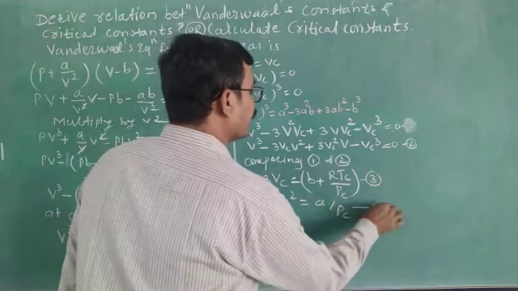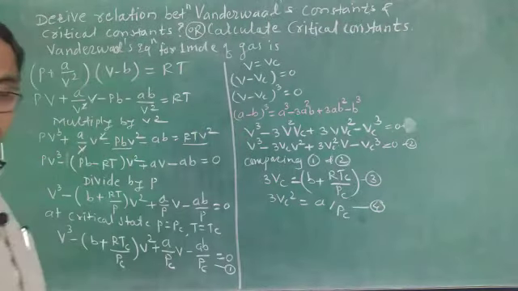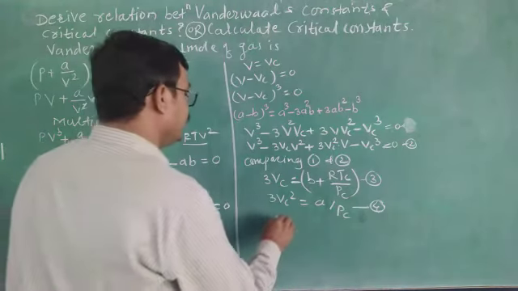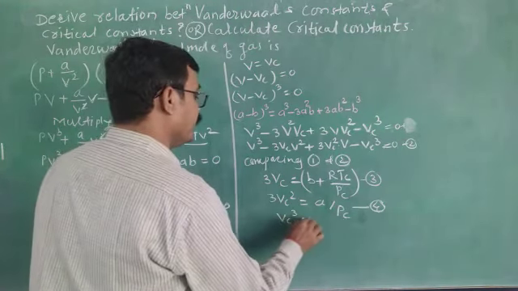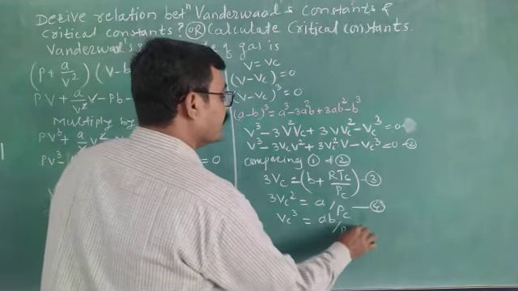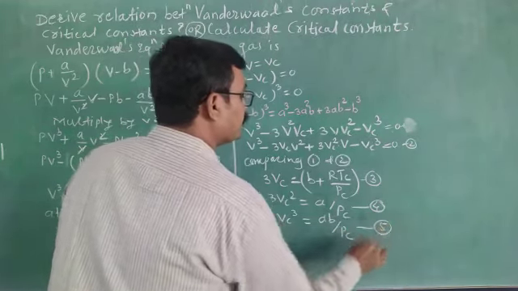It will be equation 4. Now the last one, that is Vc cube is equal to AB upon Pc. It will be equation 5.